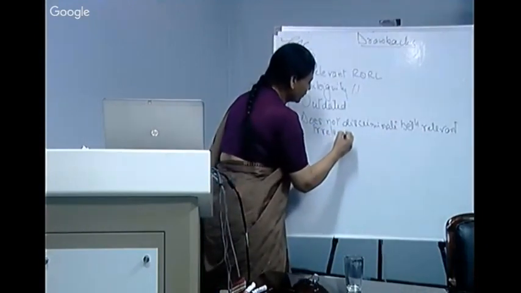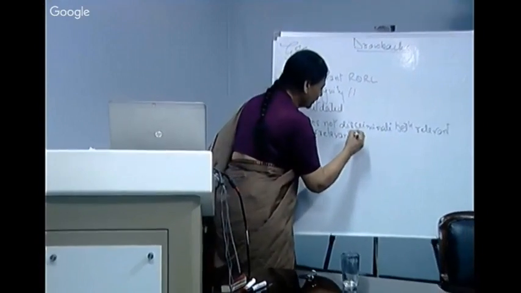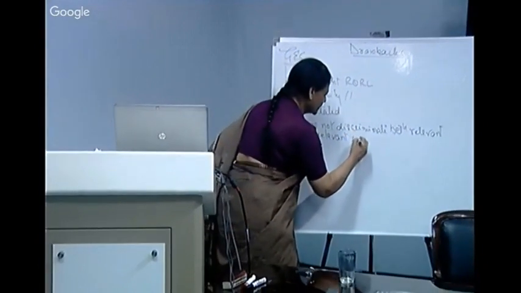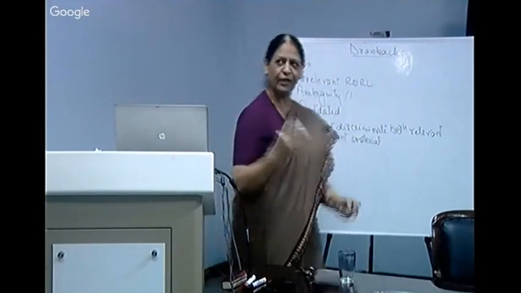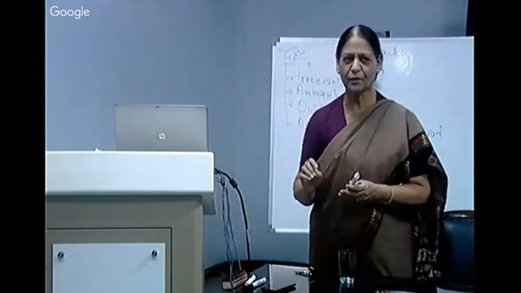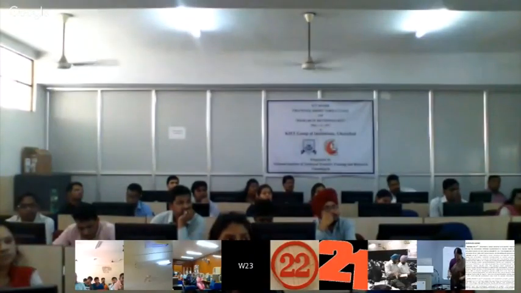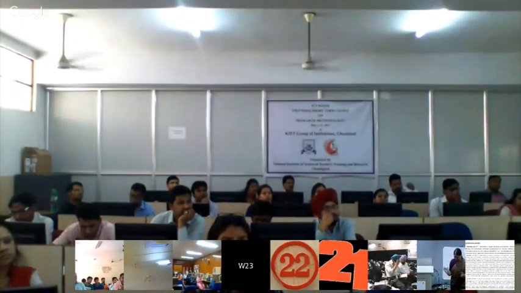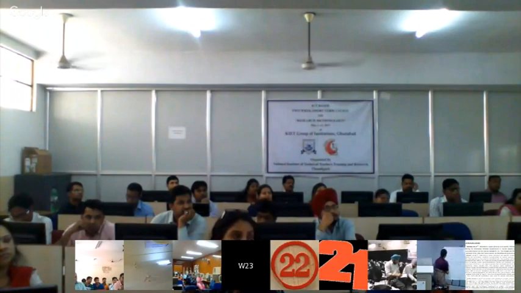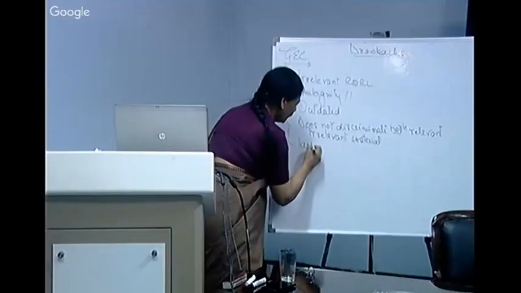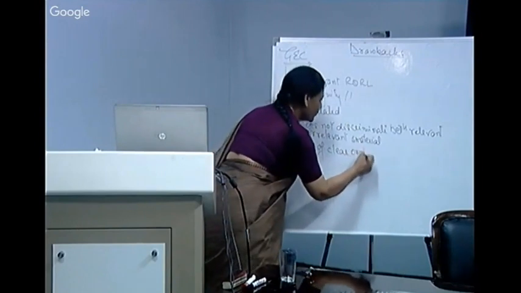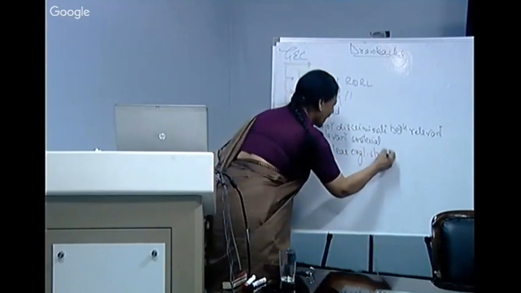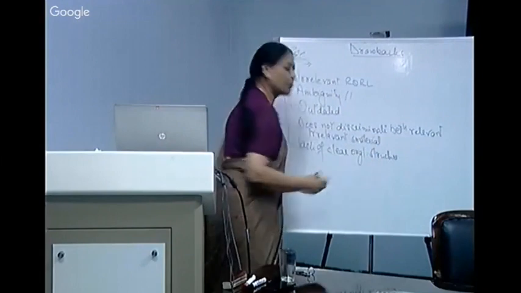So irrespective of the relevance of the studies, the person goes on including them in the review of related literature. Any other drawback observed? Yes, lack of clear organizational structure. Okay, lack of clear organizational structure. Fine, I'll take up these points one by one.